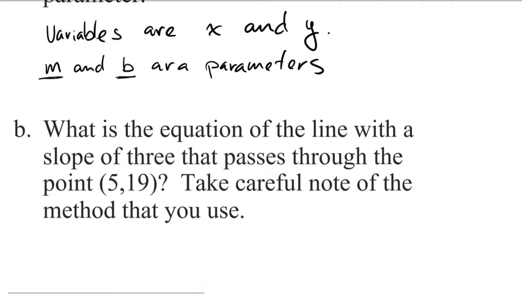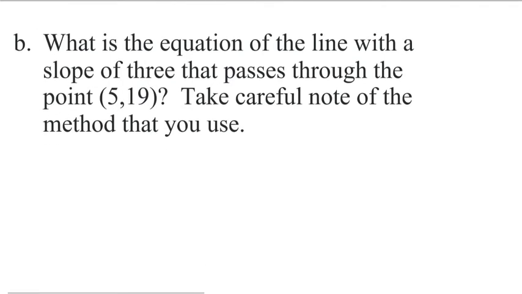Next, it says, what is the equation of a line with a slope of 3 that passes through this point? Okay, so I know my slope, which is represented by the parameter m equals 3.